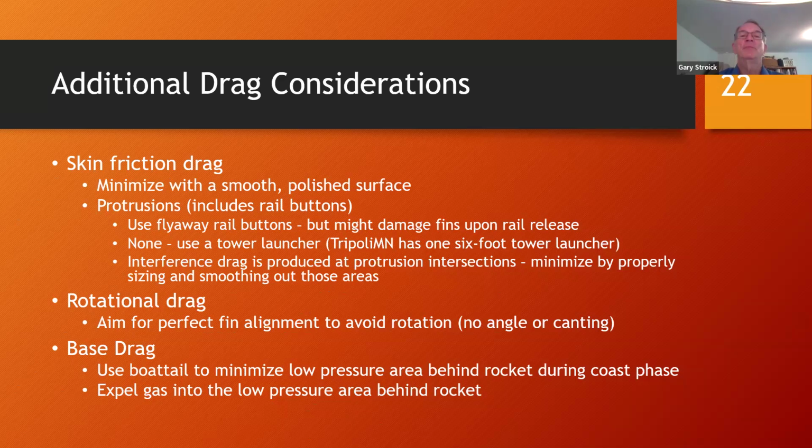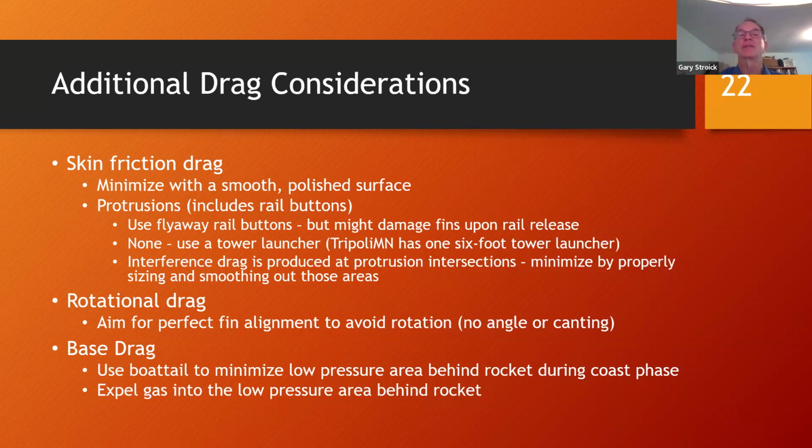And so you can minimize that by properly sizing and smoothing out those areas and making sure that they are shaped in very well and very smoothly. So you can minimize drag there. And I will just give you a tip that the optimum radius for these fin fillets is basically between 4 and 8% of the length of the ripcord.